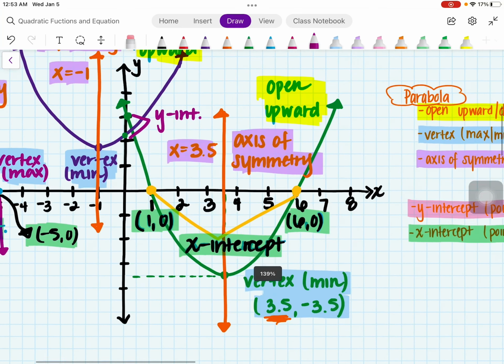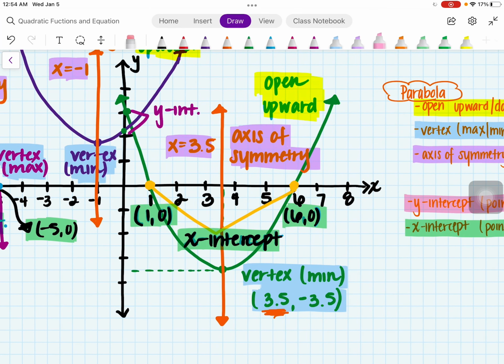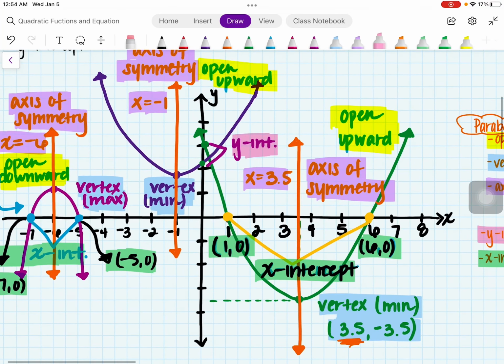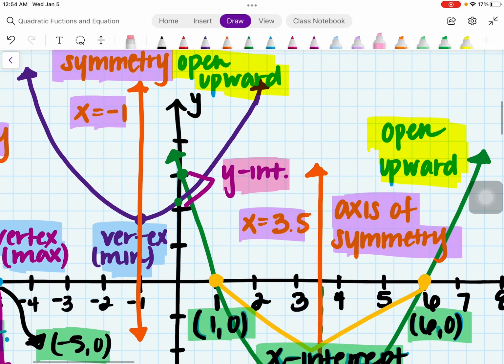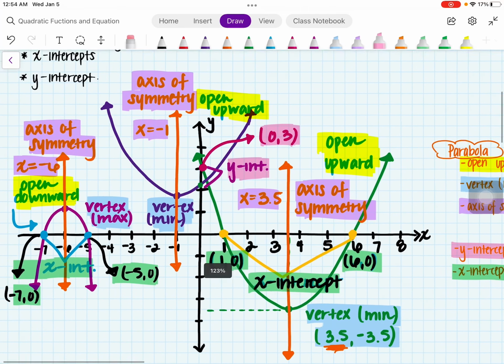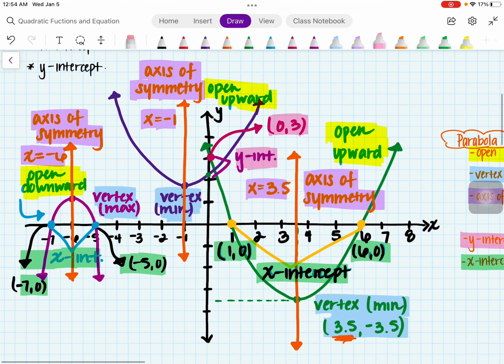It's just those two there. Also, if I want to write my y-intercept, more specifically for this one here, it would be the point (0, 3). All right, so that is our labeling.